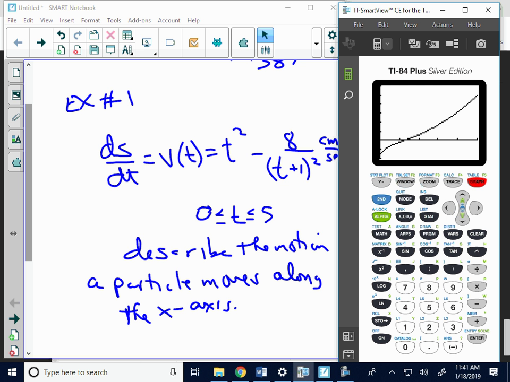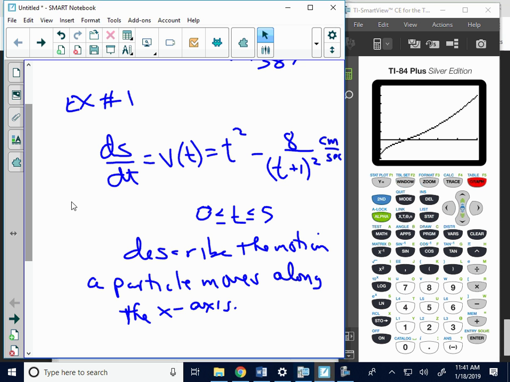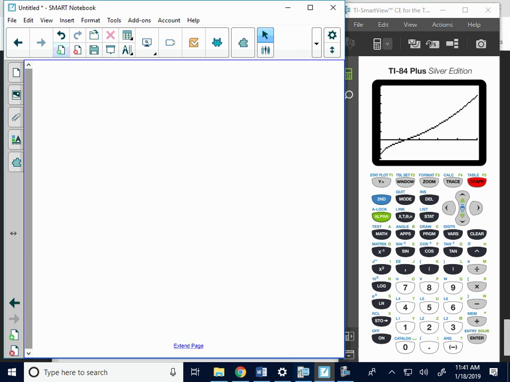So far, so good? Okay, so we're looking at that, and now we want to talk about what we see. So this is time, this is velocity, and according to the graph, we have something like this.